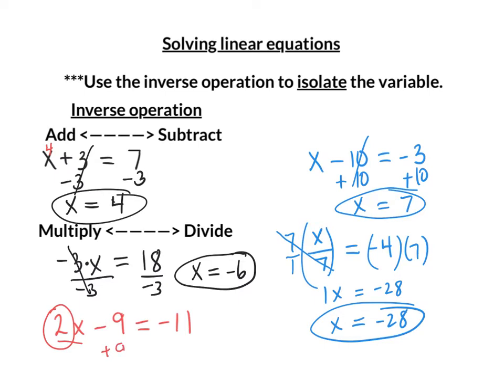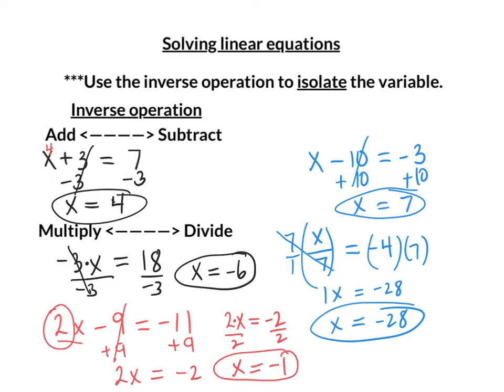I add 9 to both sides. And that drops out, and I get 2x equals negative 11 plus 9 is negative 2. Now I'm going to take that 2x equals negative 2, and remember there's times there. To get rid of multiply, we divide. So I divide by 2, and x will be negative 2 divided by 2 is negative 1.